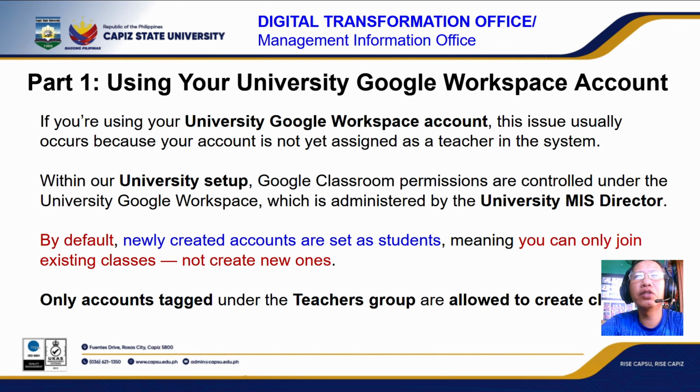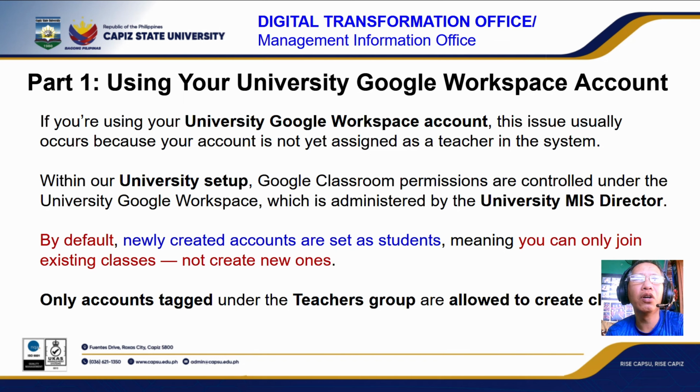Part 1, using your University Google Workspace account. If you are using your University Workspace account and you notice that you cannot create a class in Google Classroom, this usually means that your account is not yet assigned as a teacher in the system. In our university setup, Google Classroom permissions are managed centrally under the University Google Workspace, which is administered by the University MIS Director.